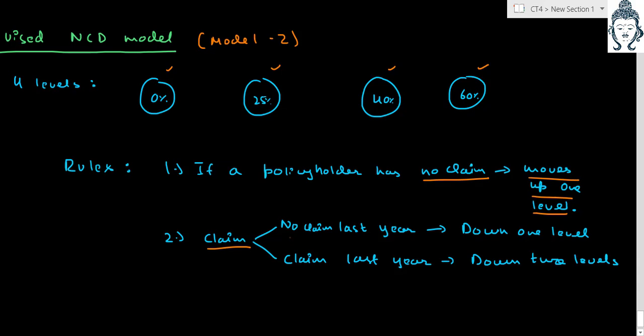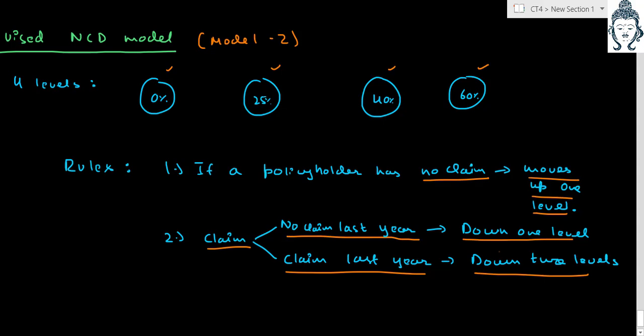If he made no claim last year, in the previous year before this, he will move down only 1 level, right? But if he makes a claim this year and had also made a claim last year, he will move down 2 levels. So that is how our rules have changed for this model.